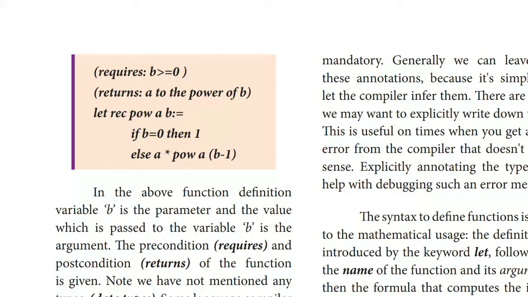So here you can see that power a comma b is equal to, if b is equal to 0, then the answer is 1.